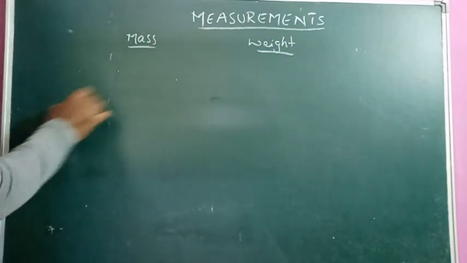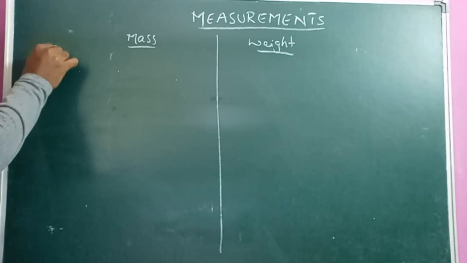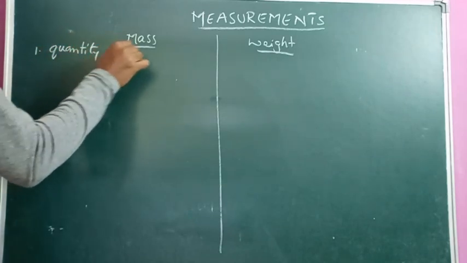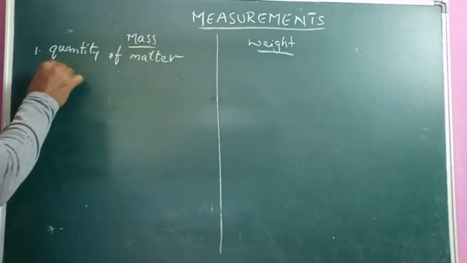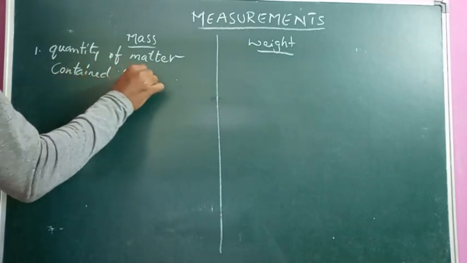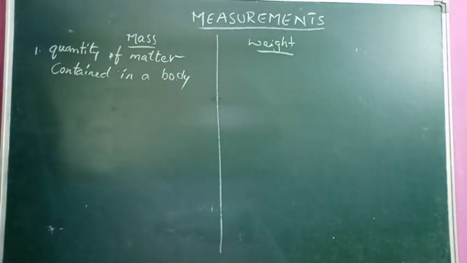By definition, mass can be defined as the quantity of matter contained in a body. The quantity of matter contained in a body is nothing but mass.